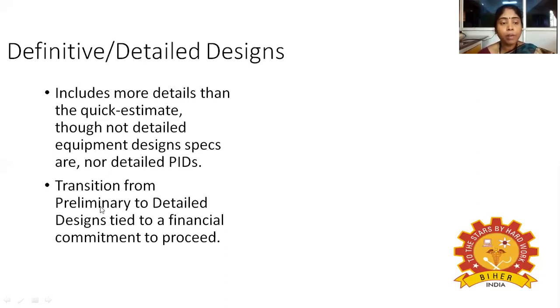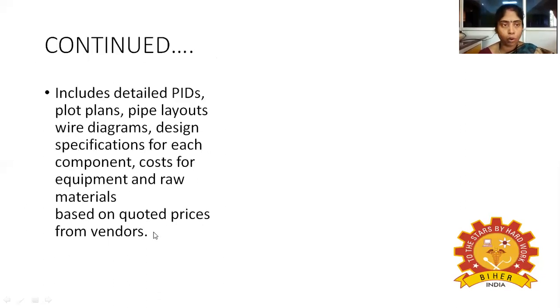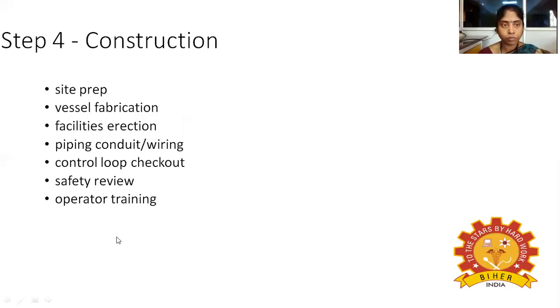The transition from the preliminary to the detailed design is tied to the financial commitment to proceed, that is, for commercialization of any product. This includes your detailed plot plans, pipe layouts, wiring diagram, design specification for each component, and cost for equipment and raw materials based on quoted prices from vendors, dealers or suppliers.